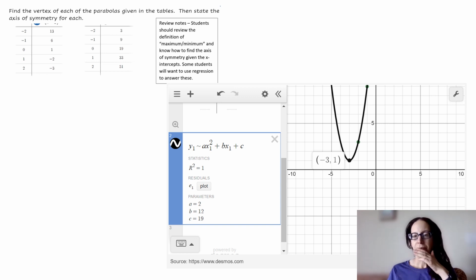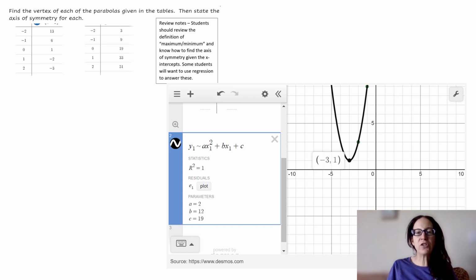Now you might be able to get a decent picture of the graph from here. Depending on what your answer choices are, you might be able to see enough to answer the question. But if you want to know the exact maximum, minimum, maybe the axis of symmetry, and so forth, what we need to do is a regression.